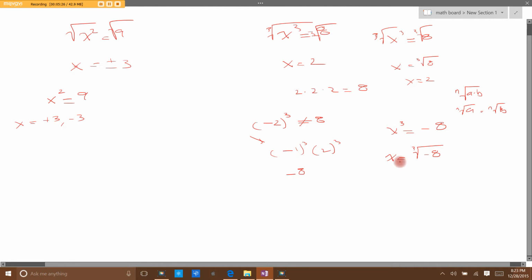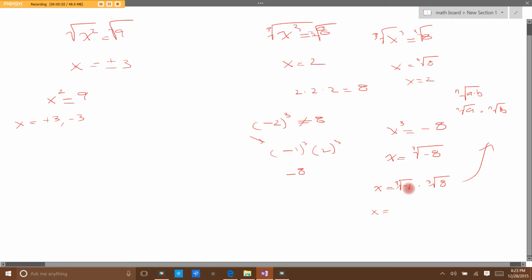That works. So we can do that here. We can separate 8 and -1, so -1 times the cube root of 8. That's what we essentially did here, right? This is a, this is b, and we put them both under the same cube root. Now we can solve them separately, work with them independently.